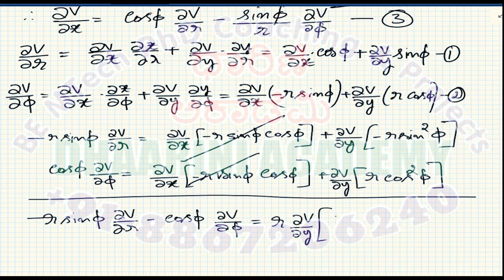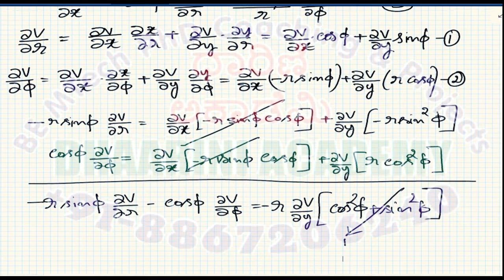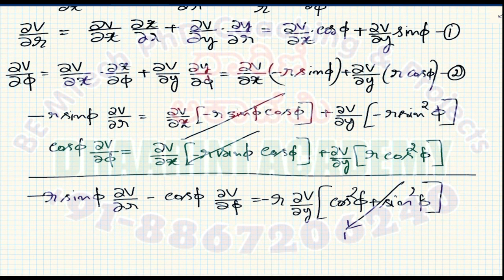I take it out. When you subtract, the second term becomes negative now, so I'll take a minus also outside, minus r. This becomes once again cos squared phi plus sine squared phi, and I know this is 1.